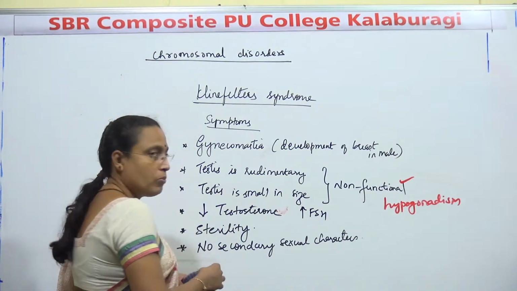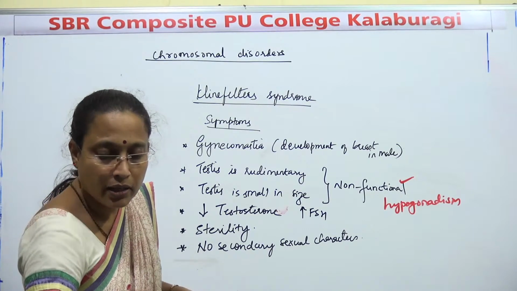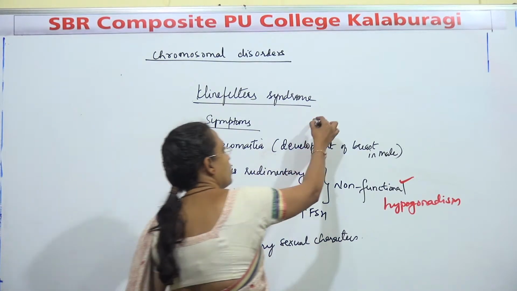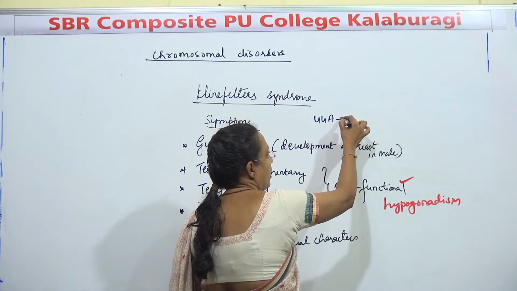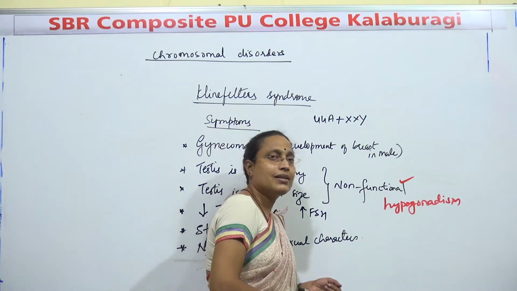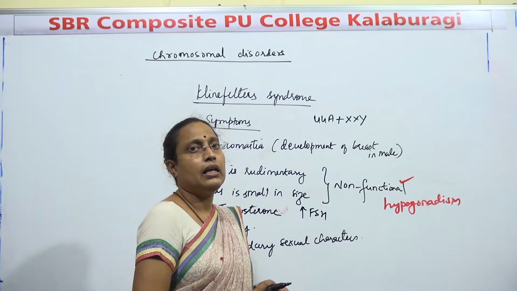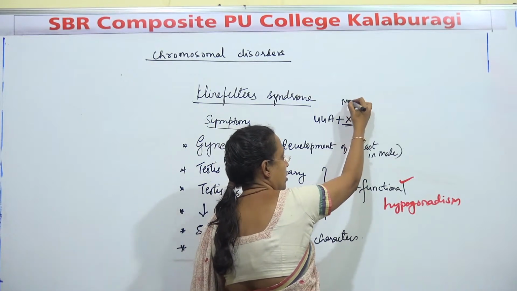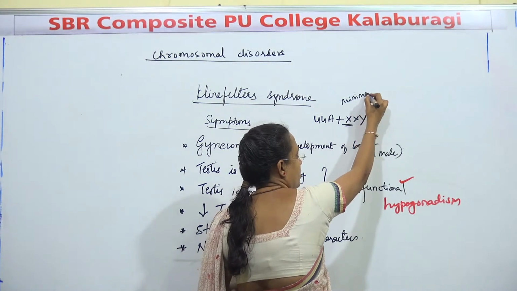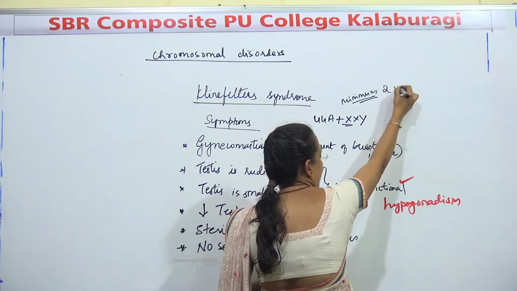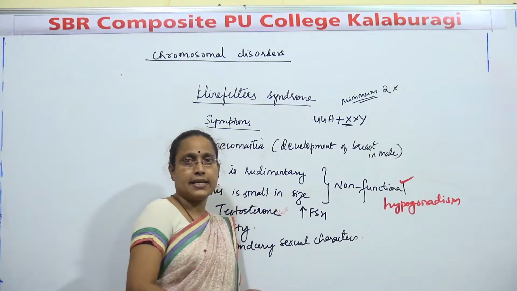Now, the chromosome complement. I want to tell some points regarding the chromosomal complement here. 44A plus XXY is considered to be Klinefelter's. For a person to suffer with Klinefelter's, a minimum of two X chromosomes should be present.